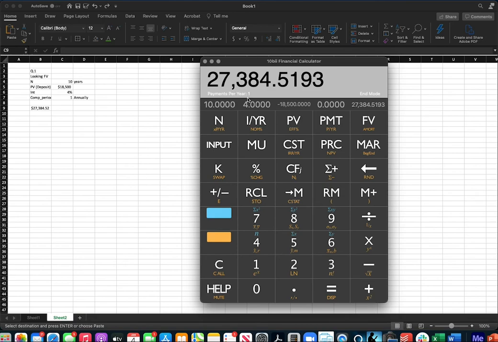The next step is making sure that you're in either begin or end mode. Some calculations in the assignments I'll give you will require begin mode, but most scenarios will have you in end mode, and that's how the interest will accrue, and it does make a significant difference.